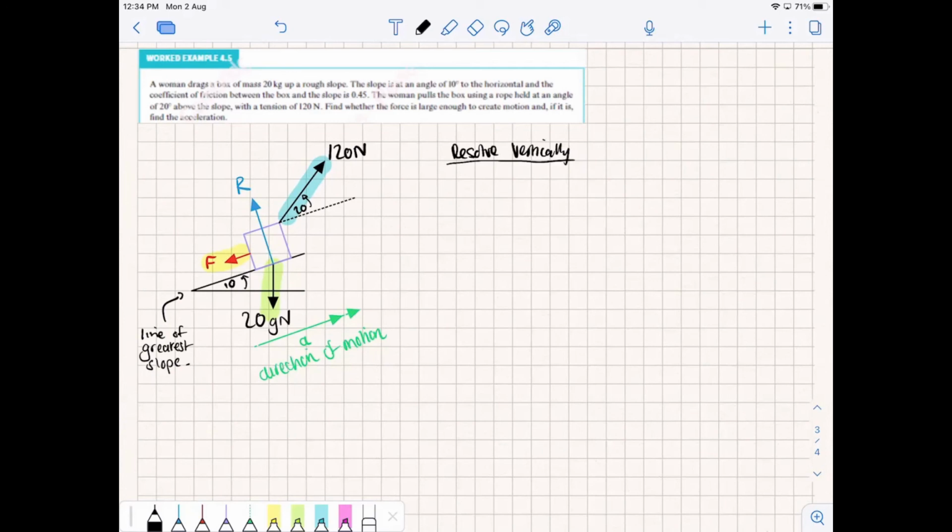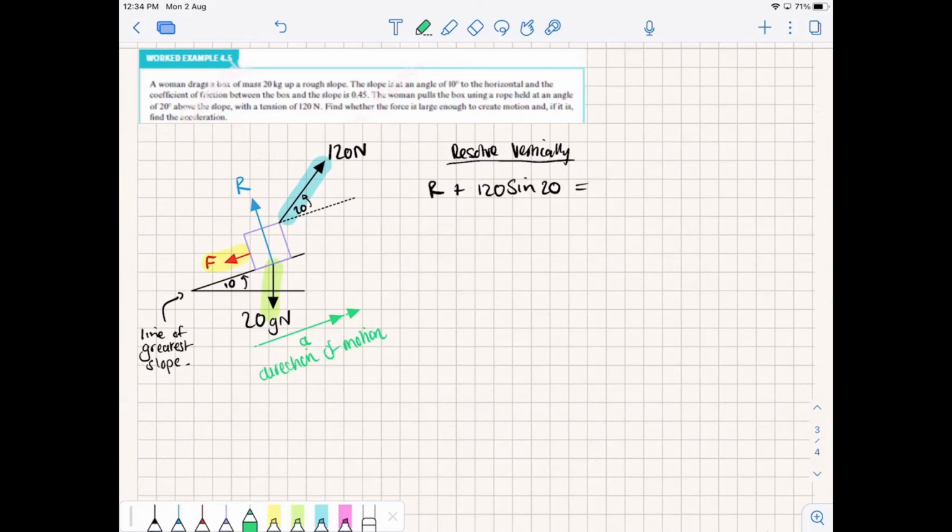So now it's just a matter of finding the forces that are going in the same direction. So we have our normal contact force. And I can see that that 120 newtons is going to have a vertical component going in the same direction, right? And that vertical component should be 120. The vertical component will be adjacent to that, so it'll be sine 20.